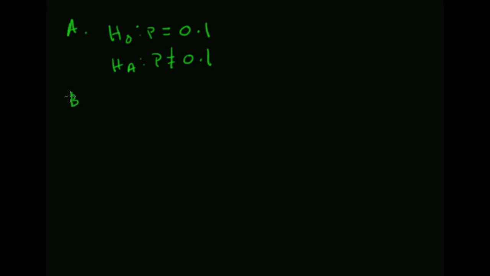All right. Part B, the type 1 error is always that we reject the null hypothesis. You can always start the type 1 error with we reject the null hypothesis when, and then it's when the null hypothesis is true.